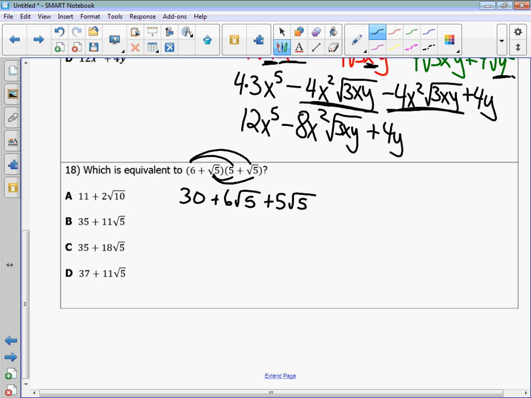Those two terms, like terms. You have 6 square roots of 5, and you're adding 5 more square roots of 5. You have together 11 square roots of 5. And then square root of 25 is 5. Joining our first and last terms are like terms. 30 plus 5 is 35, plus 11 square root of 5. And that's a well-typed question right there.